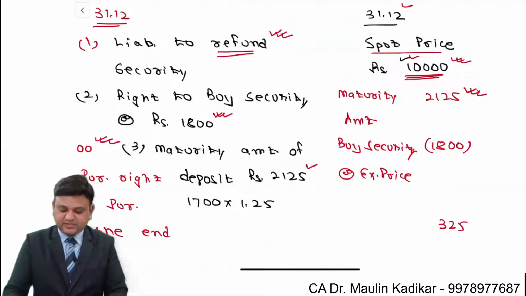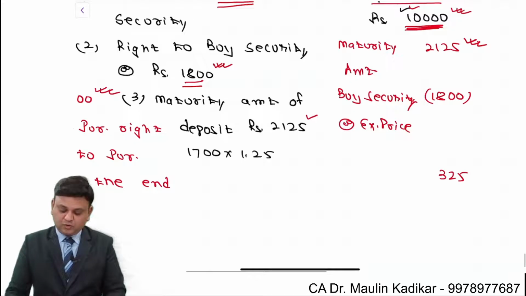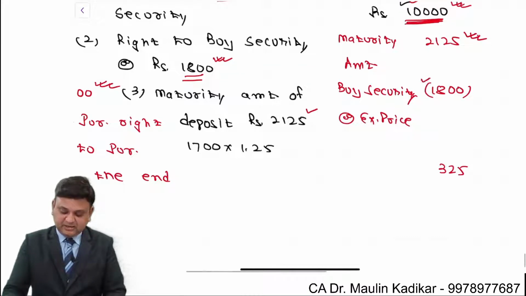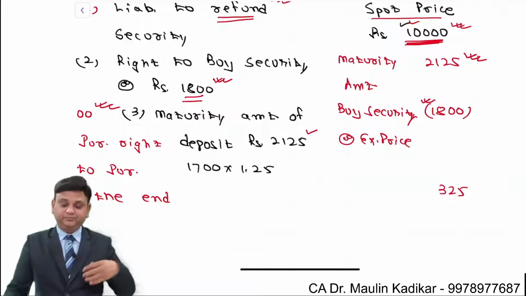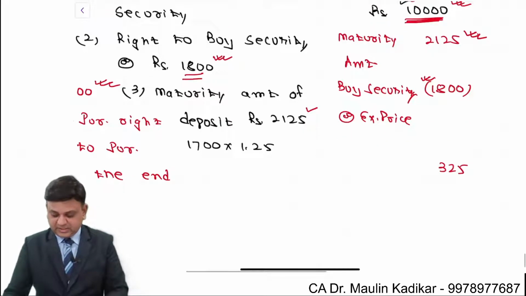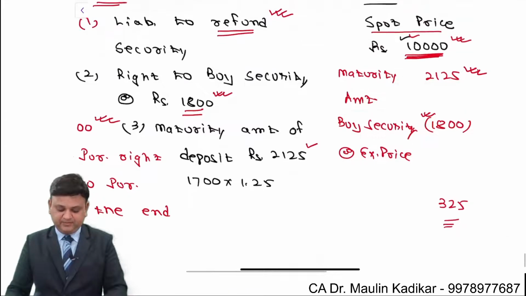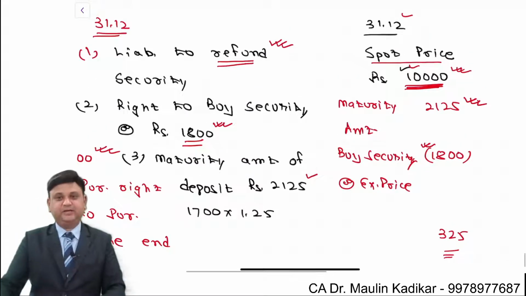Now spot price of the security is 10,000, which is exceeding the exercise price 1800. So in that case, you will exercise your right to purchase the security at 1800. Purchasing the security at 1800, you will refund it. So there is a difference of 325. This is what we understand.